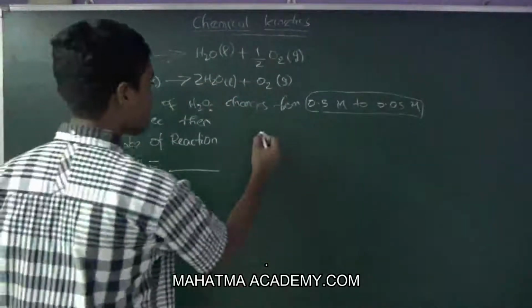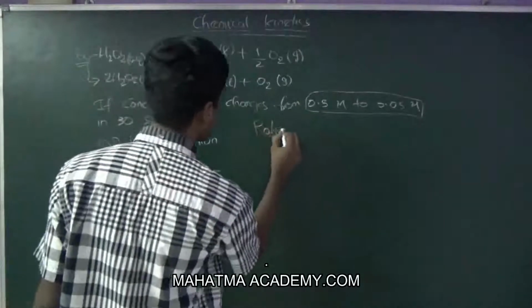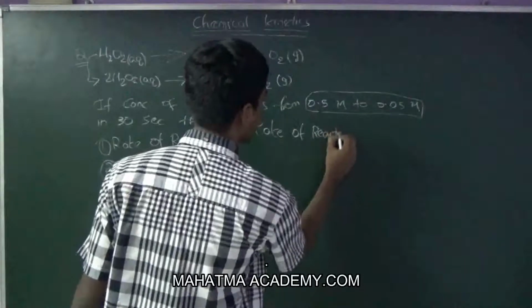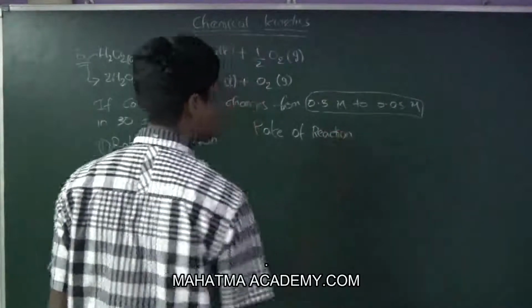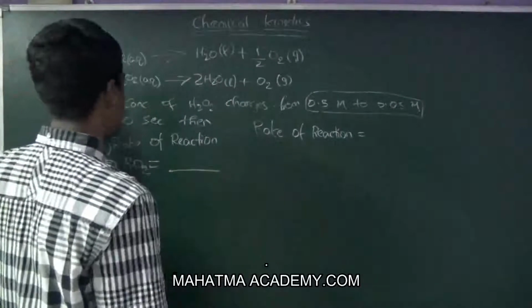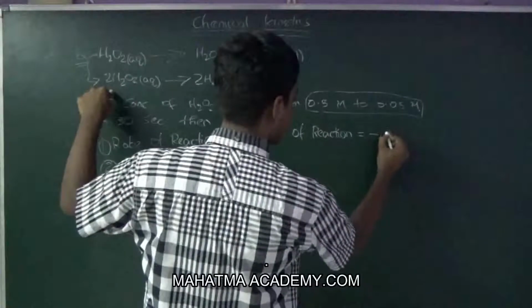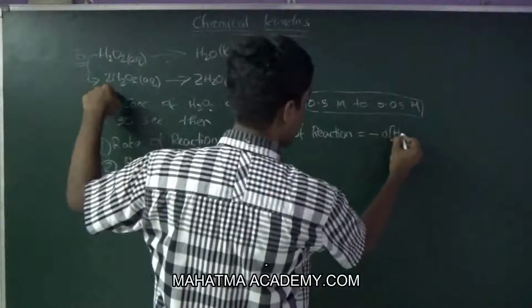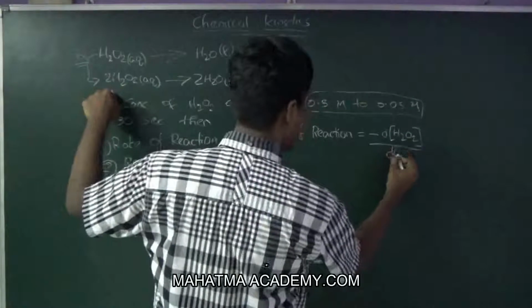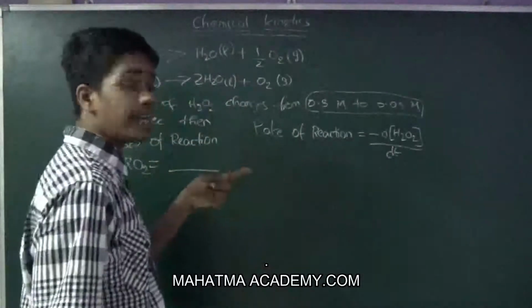Now, as we know, the rate of reaction is equal to minus d of H2O2 upon dt.